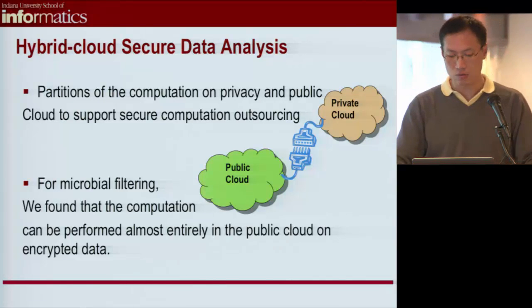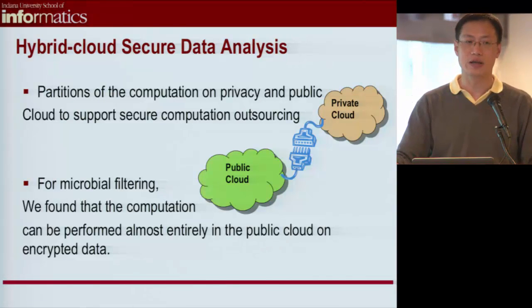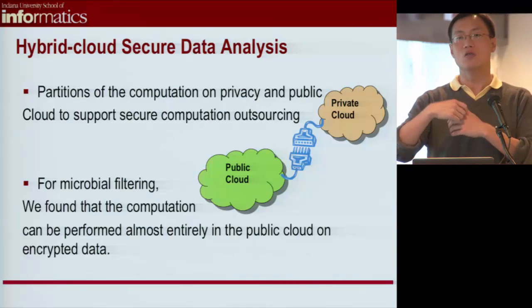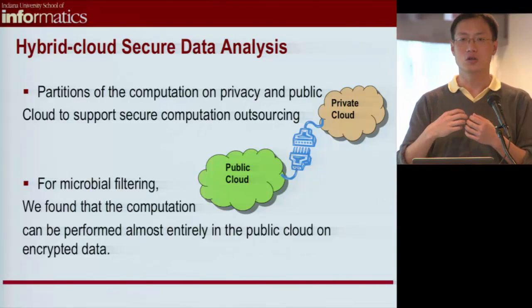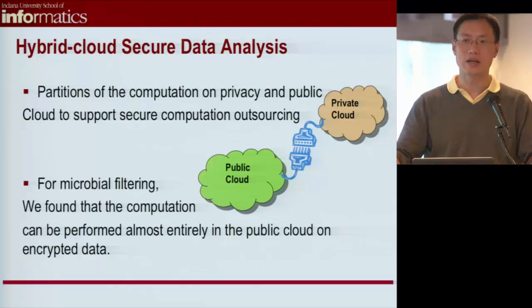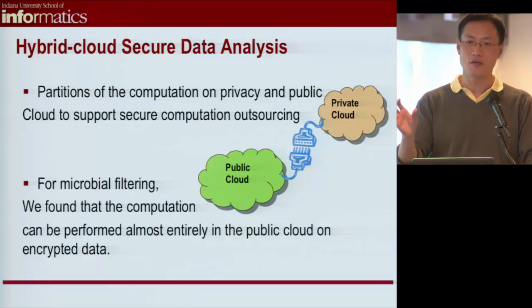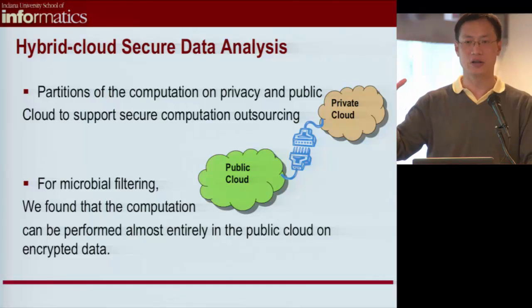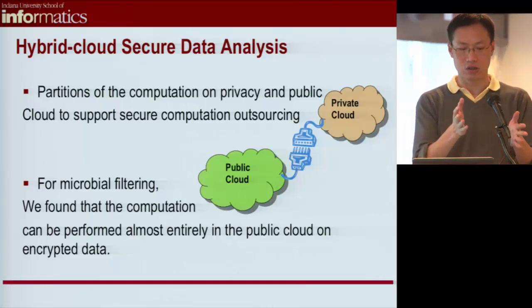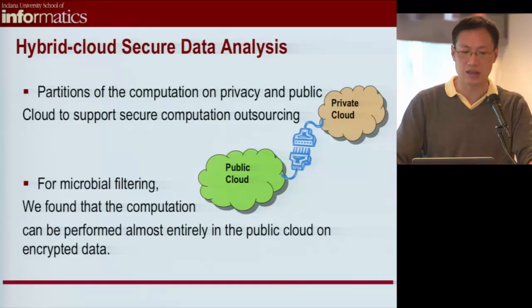Another task we are working on is microbiome data filtering. If you want to work on bacteria and microbe DNA, the DNA is often contaminated with human DNA. You want to filter out the human DNA and analyze the bacterial DNA information. But the data contains a lot of sensitive information.